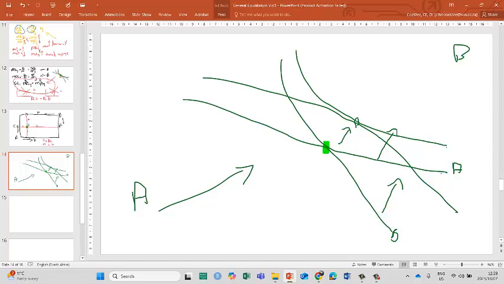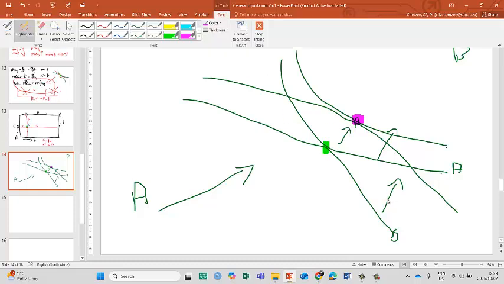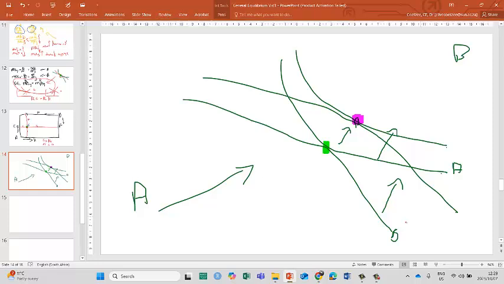But for that to happen, to go to this specific point, call it the pink point, B must move from this indifference curve to that indifference curve. And as said, B wants to move this way.